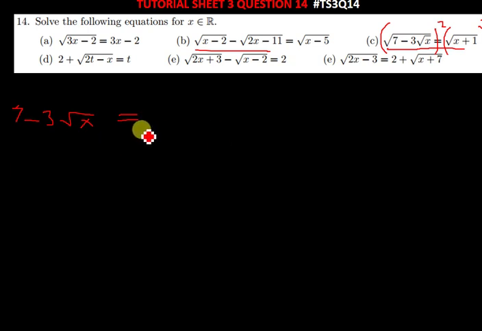When you find the solutions, those are the values of x they want. And then this side, when you square this other side, you just remain with x plus 1.